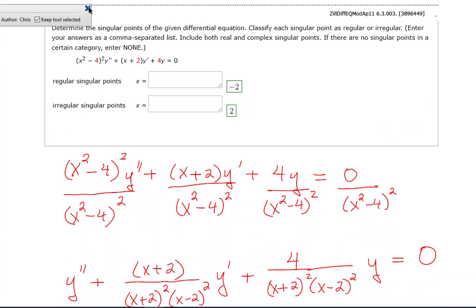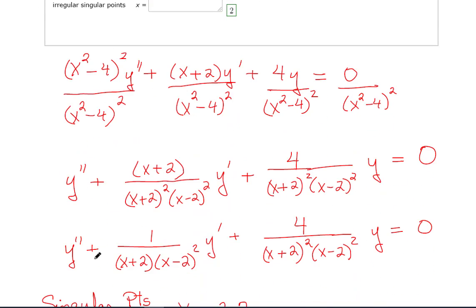Now in question 2, we have a different differential equation. And again, I try to put it in standard form to see what's going on. So I'm going to divide by x squared minus 4, that quantity squared. All right, so when we clean all that up, let's see what we've got.